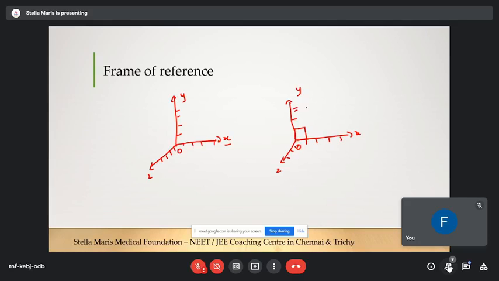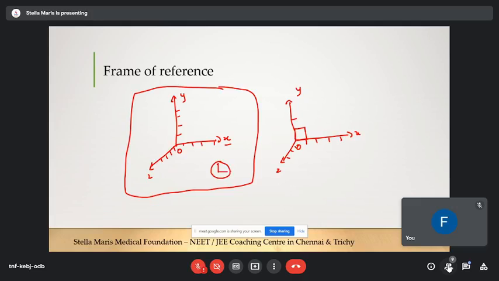According to Auxilia, this is the x-axis, this is the y-axis, and this is the z-axis. This is the origin, that is the reference point. After some time, 2 or 3 seconds, the object has moved from here to here.